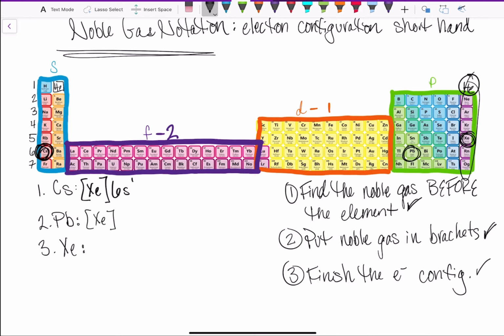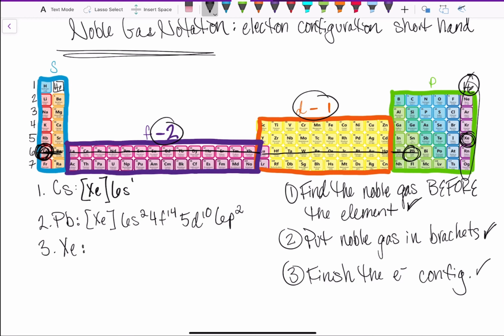And then if we finish out that configuration, we've got 6s2, 4f14, 5d10, and then 6p2.